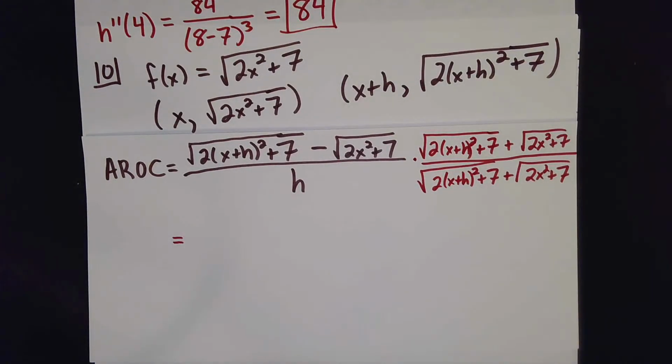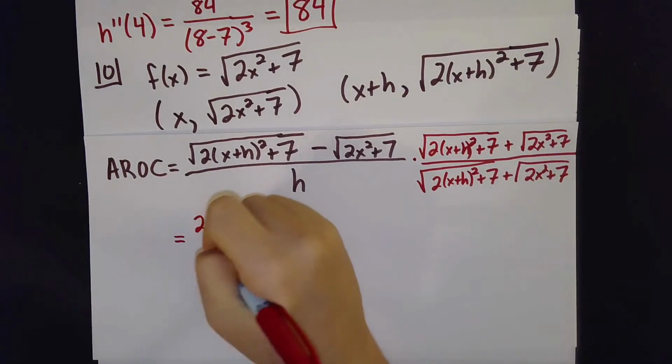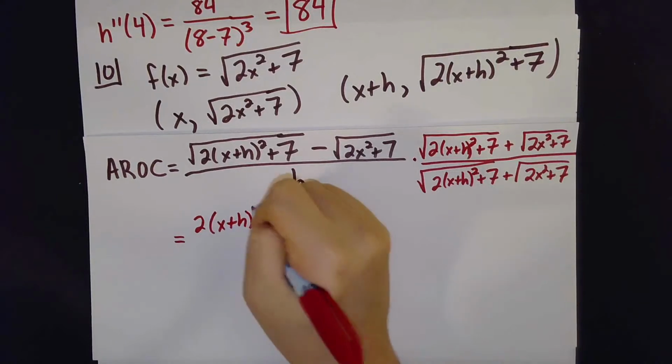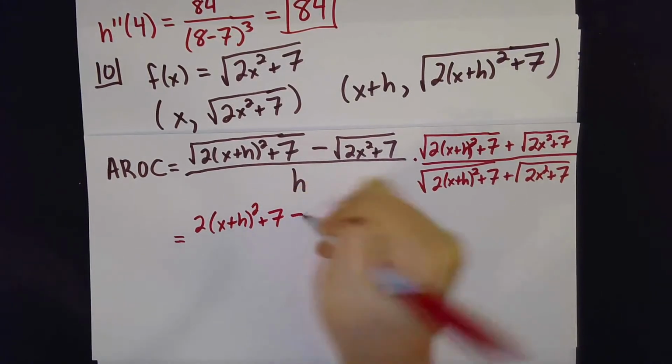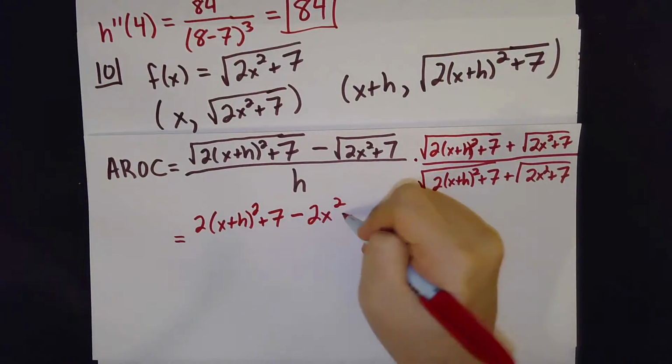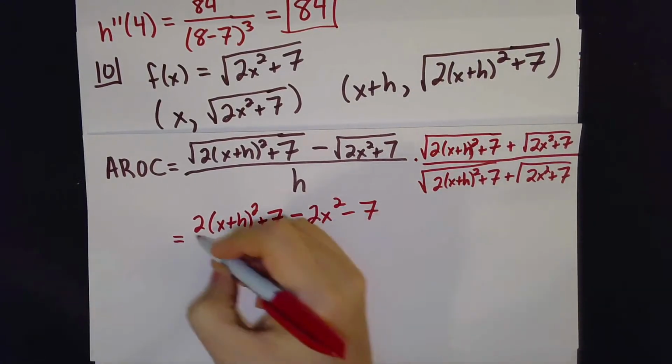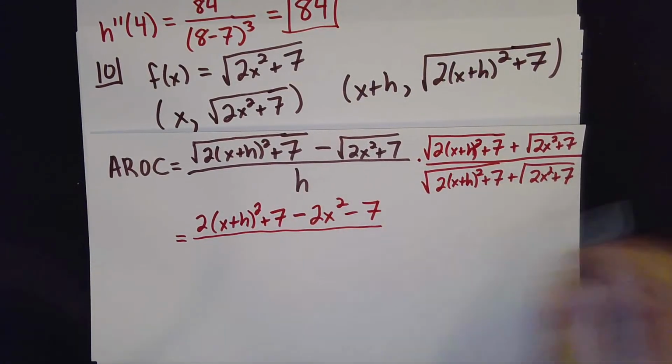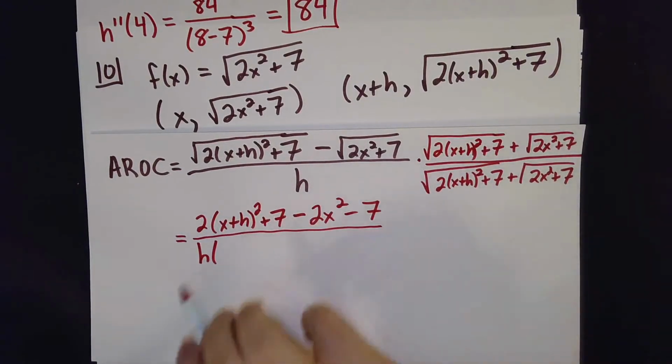Okay, so now our numerator becomes 2 times (x plus h) squared plus 7 minus, and then 2x squared minus 7. And our denominator is this kind of messy thing.